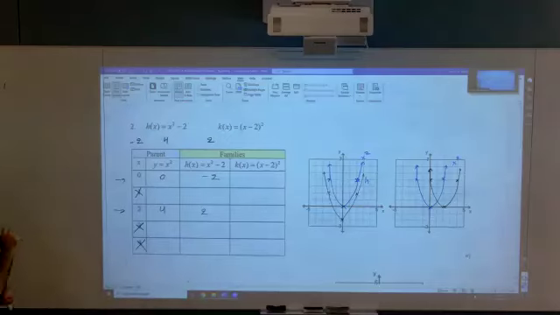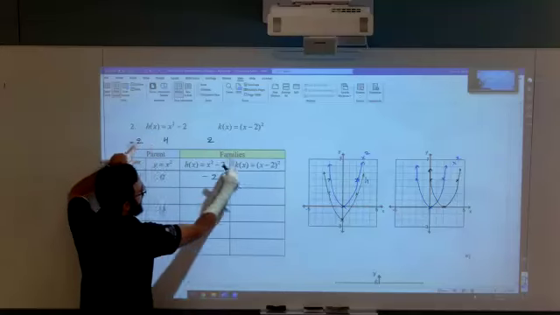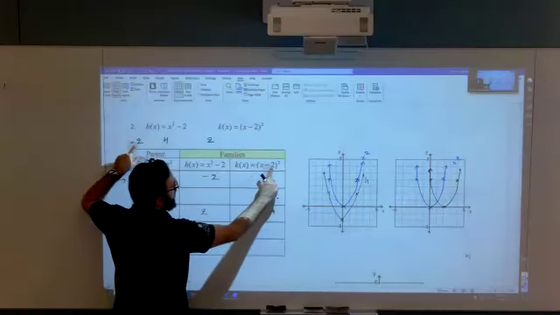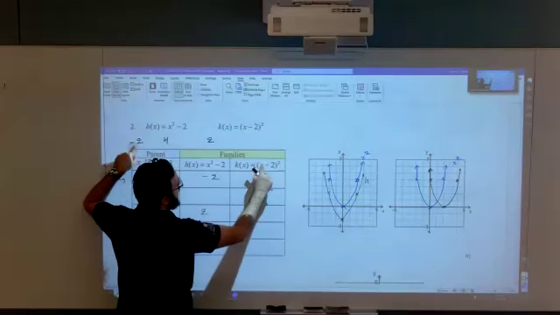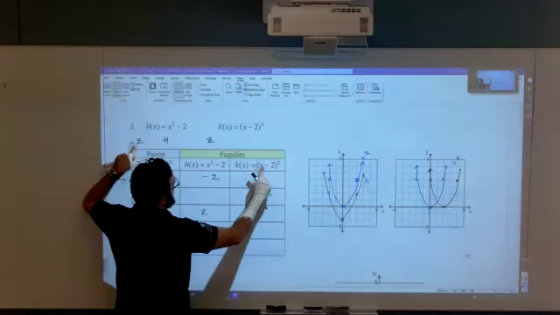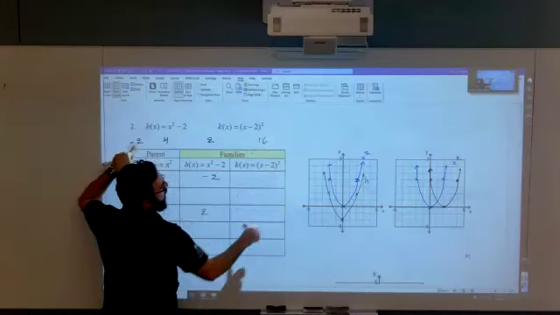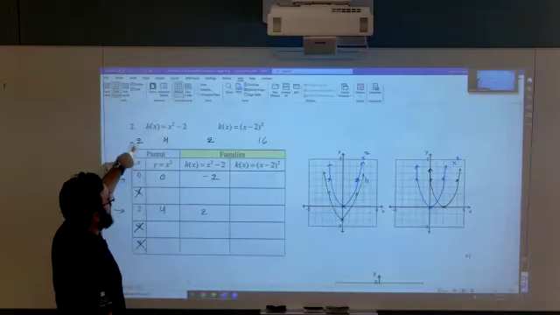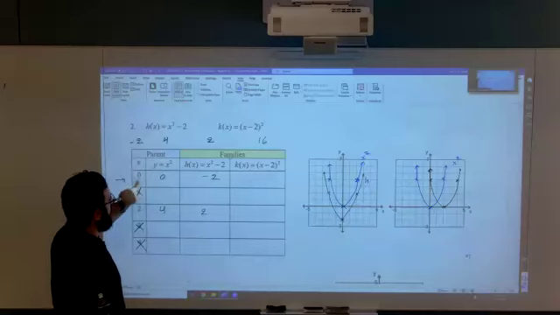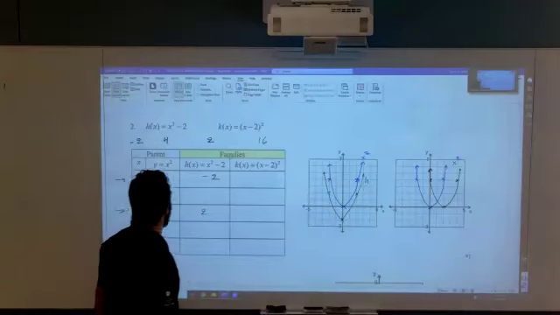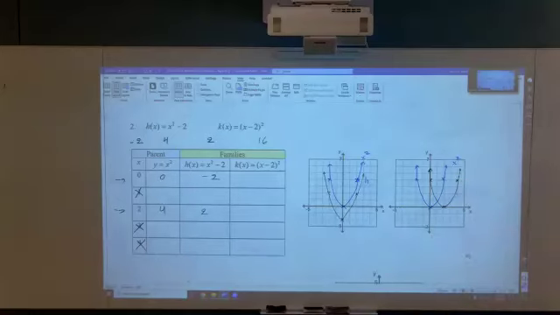Okay, let's plug in the numbers here. Plug in -2 here: -2 minus 2 is -4 squared, which is 16. That's really way off from this graph, so we can't graph it.